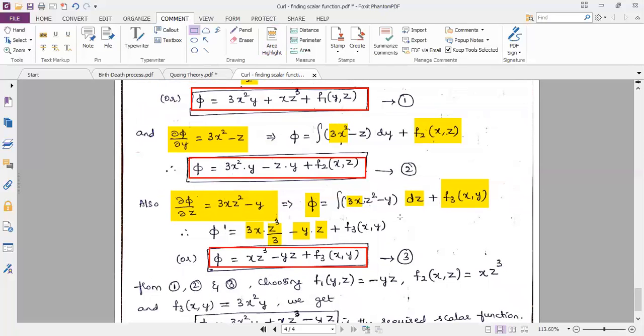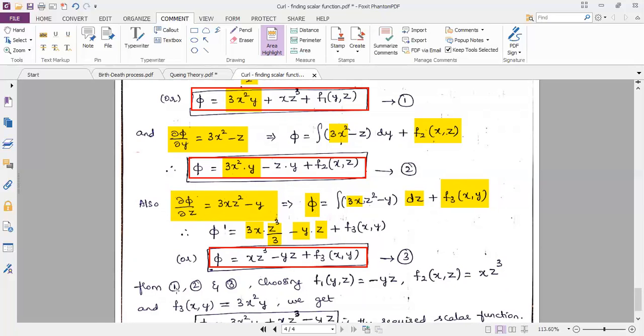Now in order to have a unique expression for phi from equations 1, 2 and 3, we choose the constants of integration f1, f2, f3. Observe from equations 1 and 2, we have 3x²y, which is missing in equation 3.